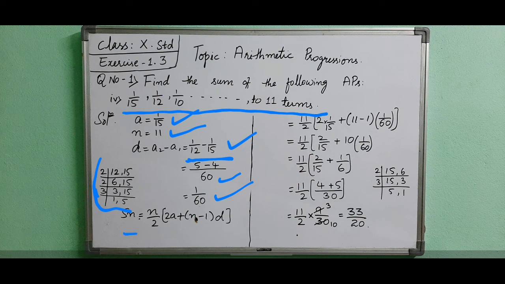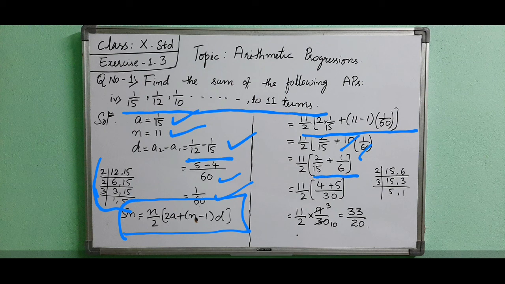Now the formula for Sn: 11 by 2 into 2 into 1 by 15, which is a, plus 11 minus 1 into 1 by 60. 2 by 15, 11 minus 1 is 10. 10 ones are 10, 6 gets cancelled, so 1 by 6. Now the LCM of 15 and 6 is 30.